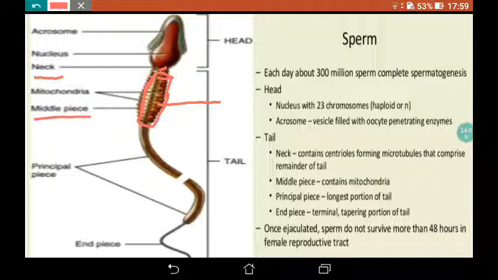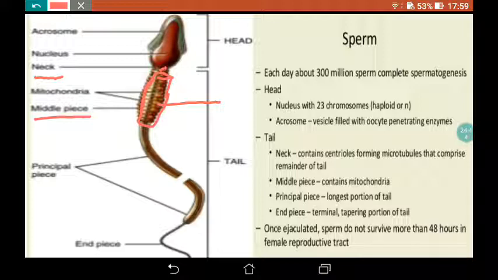These centrioles are very important. One thing you have to keep in mind is that the egg produced by the female reproductive system, the ovary, does not contain any centriole. So for the division of the zygote, the proximal centriole present in the neck of the sperm is important, because it alone can help in the division of the zygote.